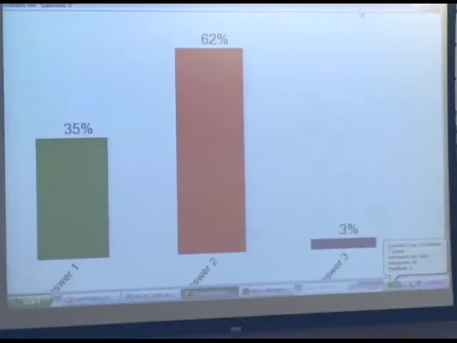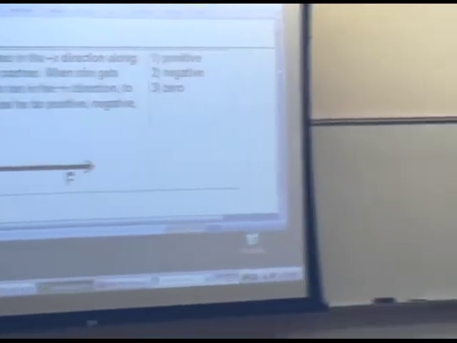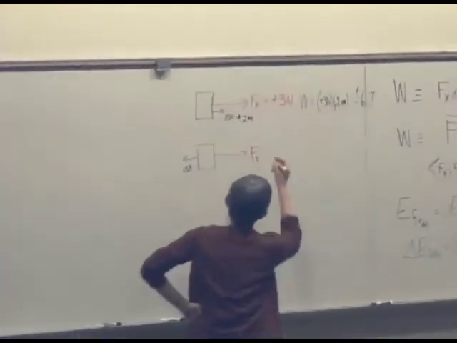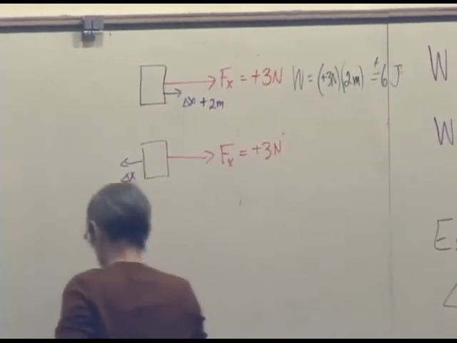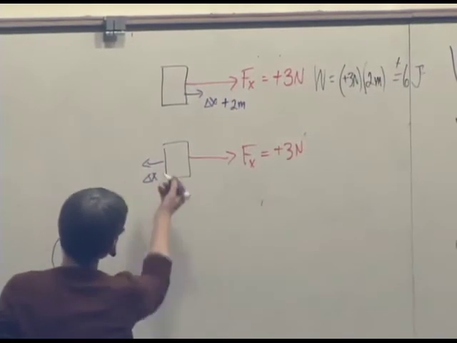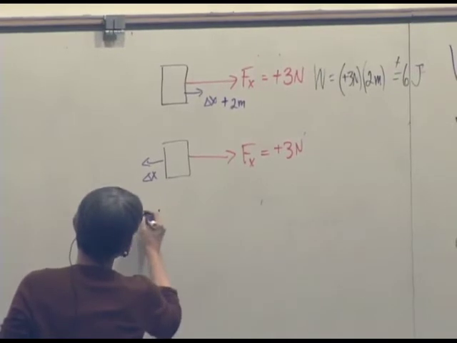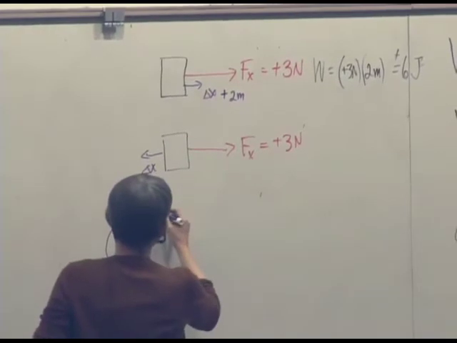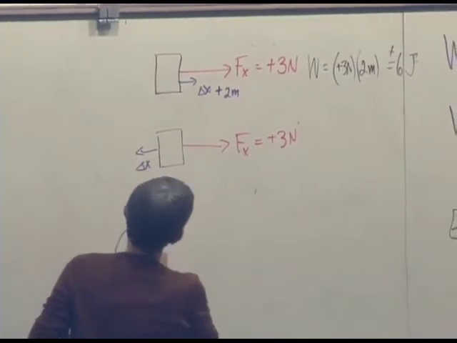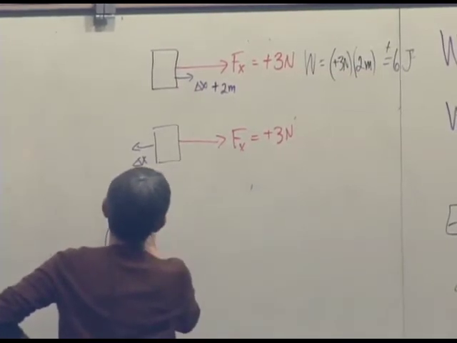Well, most people say it's negative, but a few people say it's positive, so let's use some numbers. Let's say the force in the x direction was 3 newtons. Delta x is this way. That means that somebody started here and went there. So let's say at some coordinate system, this is 5 meters, and that's 3 meters.